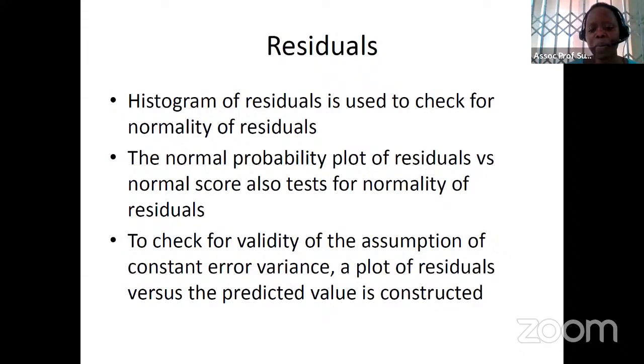Or we use the normal probability plot of residuals versus normal score. If all the points fall on the straight line in the normal probability plot, then the assumption of normality is valid. We are going to see this. To check the assumption of constant error variance, a plot of residuals versus fitted values is constructed.